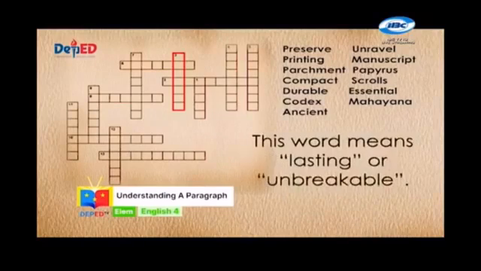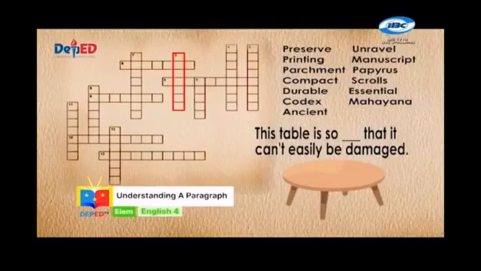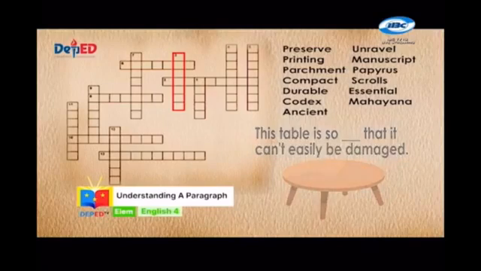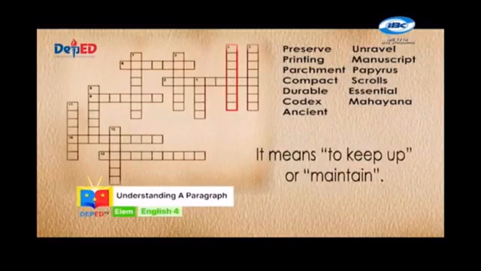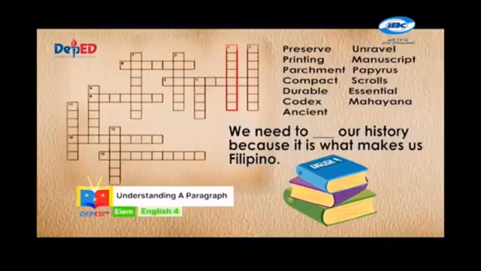This word means lasting or unbreakable. This table is so that it can't easily be damaged. Number 4. 8 letters. It means to keep up or maintain. We need to our history because it is what makes us Filipinos.